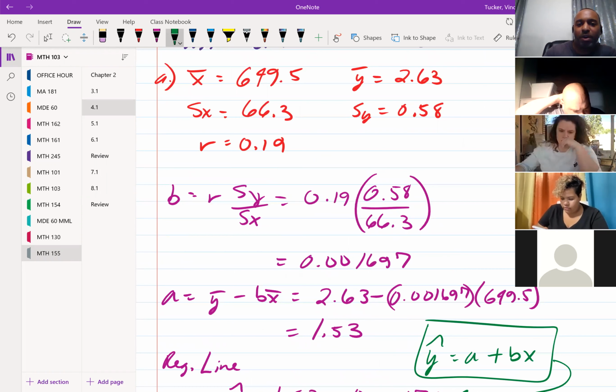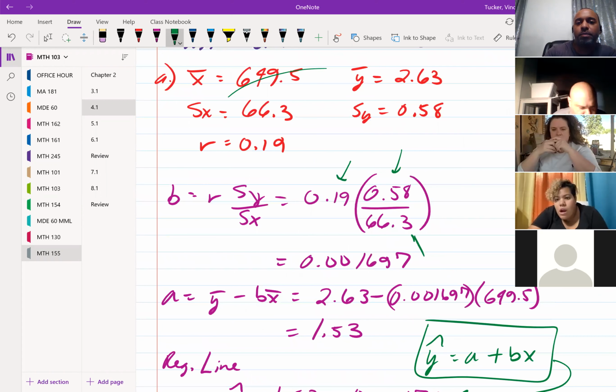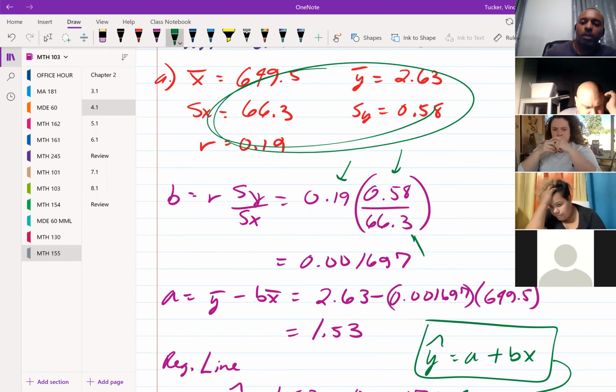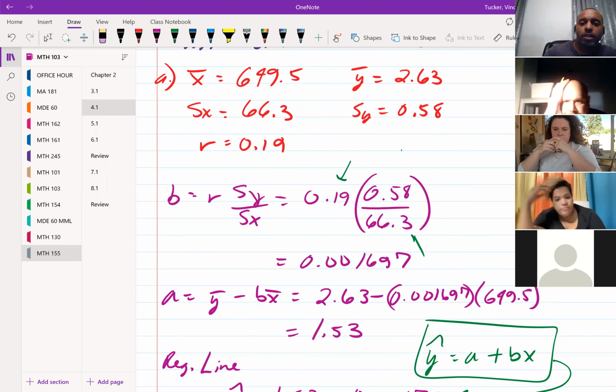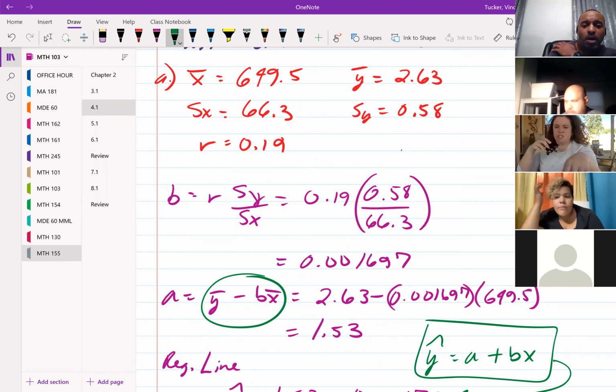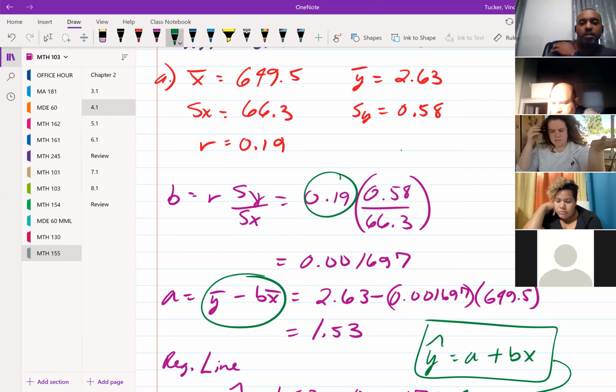So that's why we have R, which is 0.19 times S sub Y over S sub X. And like I said, that came from here. And then throw that in your calculator, and that's how we got that value of 0.00169. So you just do 0.58 divided by 66.3, and then times it by that 0.19.